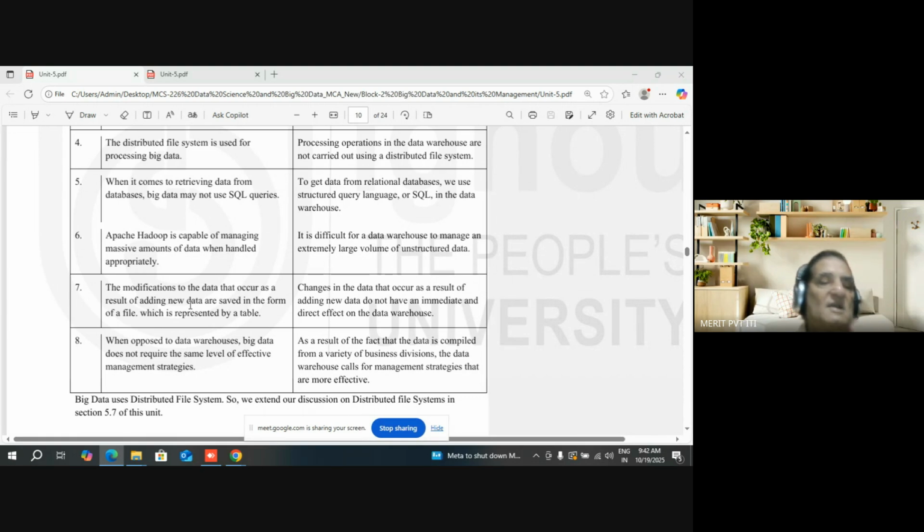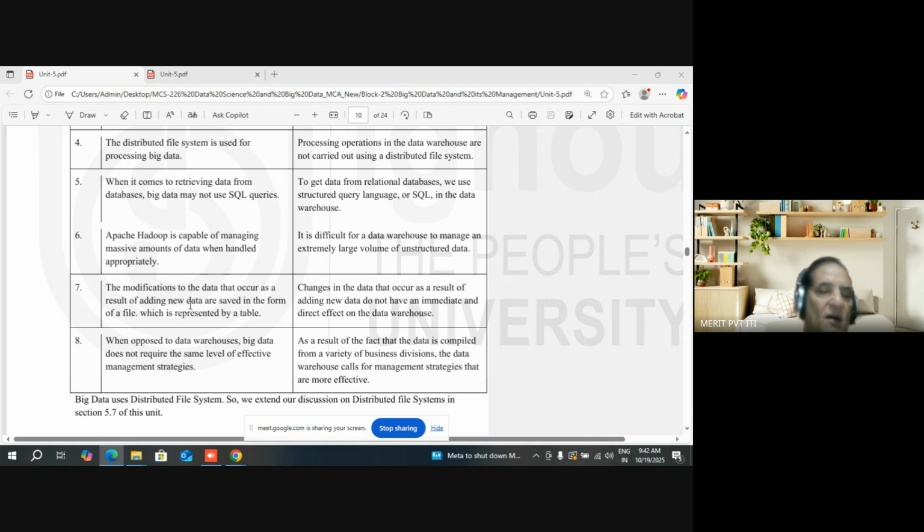So you can see that modifications to the data that occur as a result of adding new data are saved in the form of a file which is represented by a table. Changes in the data that occur as a result of adding new data do not have an immediate and direct effect on the data warehouses.